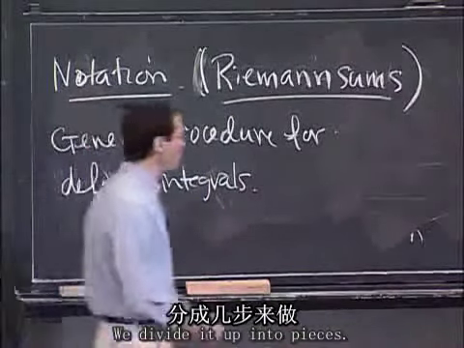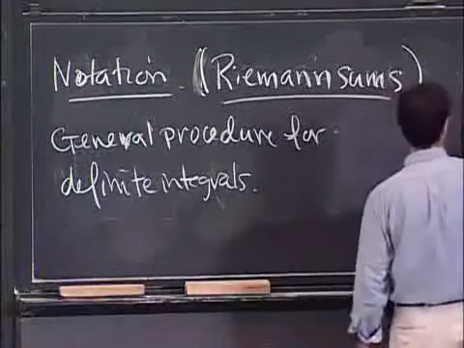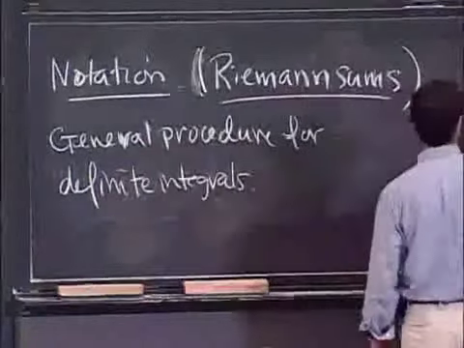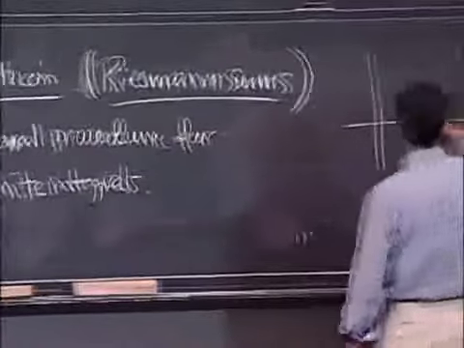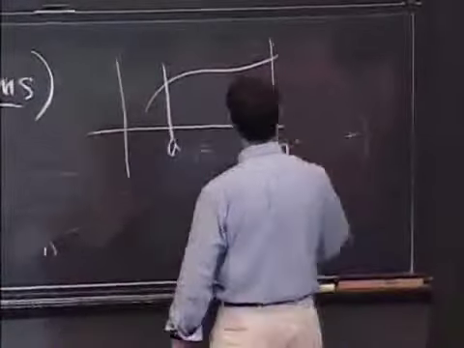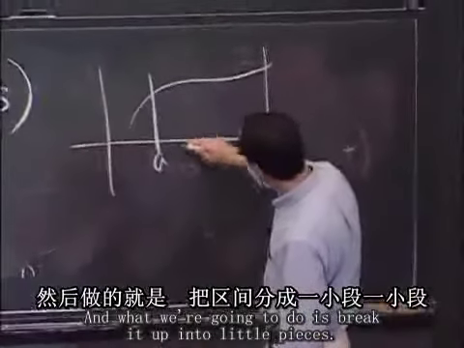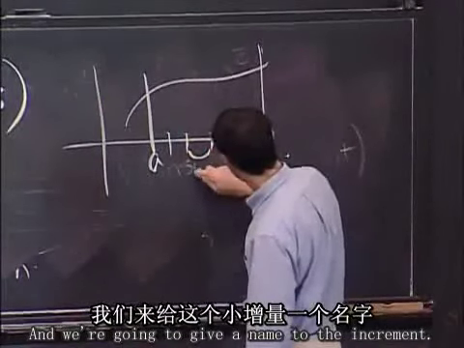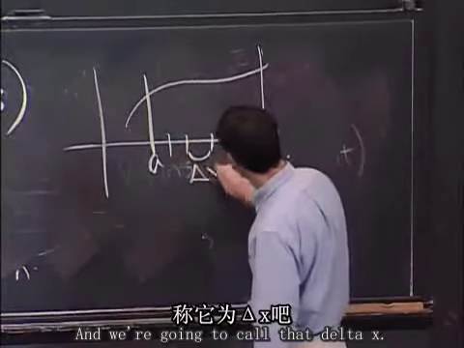We divide it up into pieces. And how do we do that? Well, so here's our A and here's our B. And what we're going to do is break it up into little pieces, and we're going to give a name to the increment, and we're going to call that delta x.